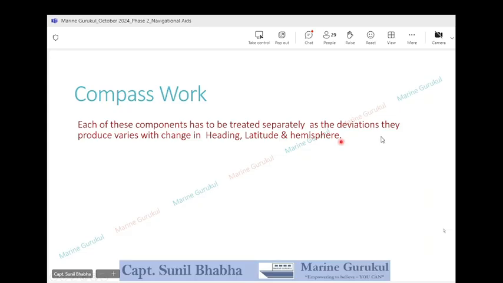Because whatever correction we do to our compass, that correction should be able to cancel out these components in any condition. If the ship is heading in a fore and aft orientation, the fore and aft longitudinal is the most powerful. It is magnetized by the Earth's magnetic field. So we should have a corrector which should be able to judge this and provide a correction in the fore and aft direction of the same amount.